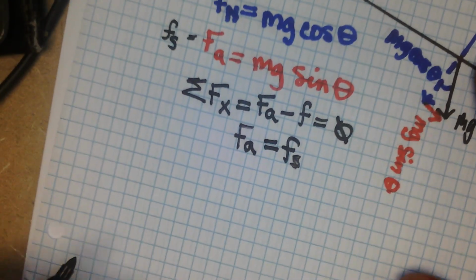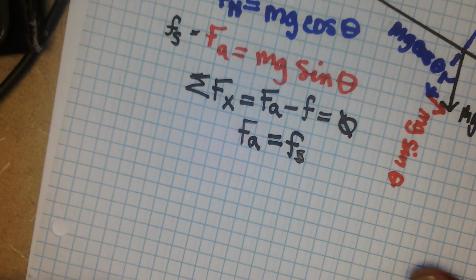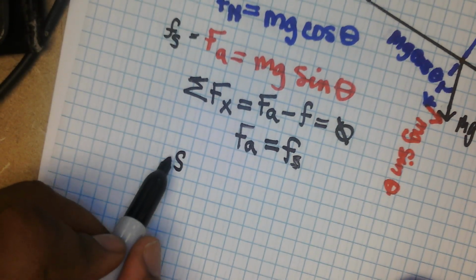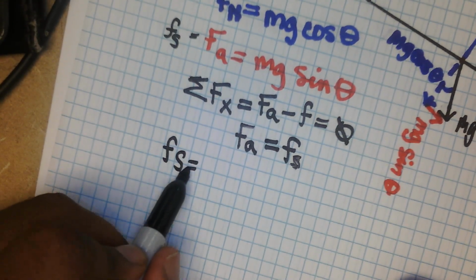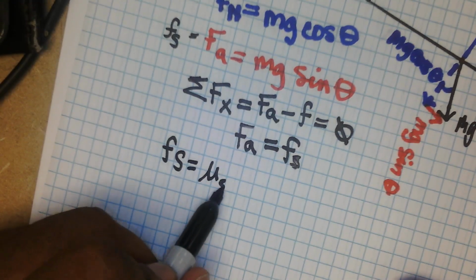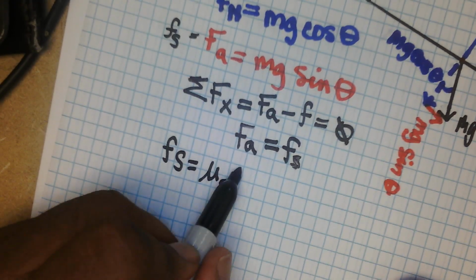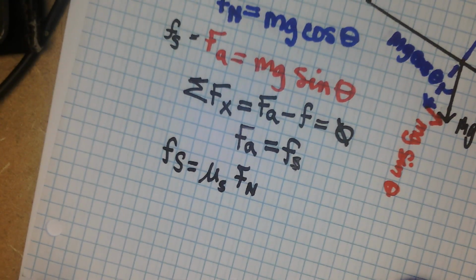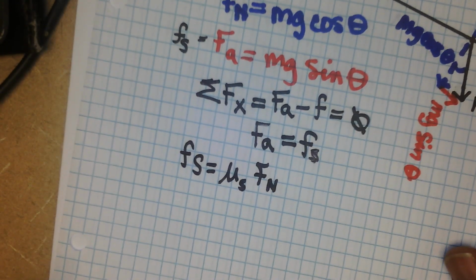Now, to find the coefficient of static friction, Fs, remember, equals mu s times Fn. Well, let's do a little substitution.